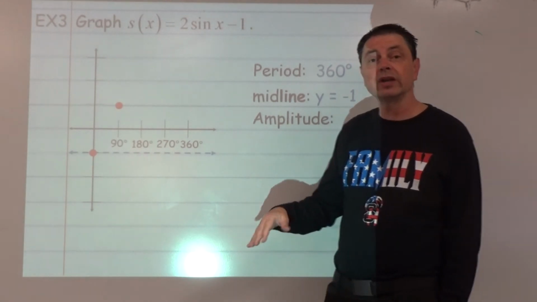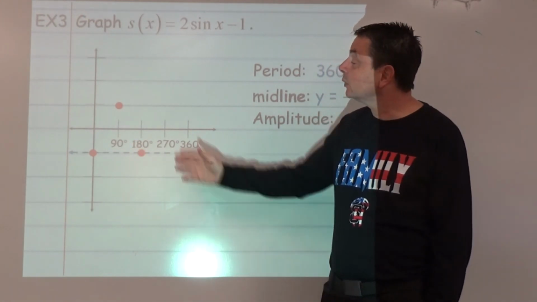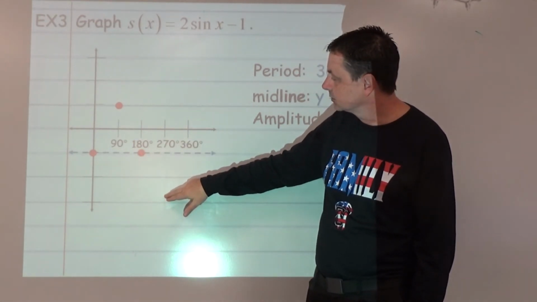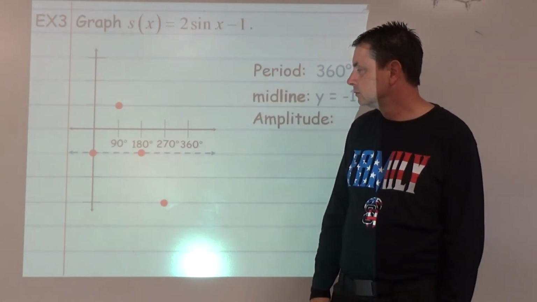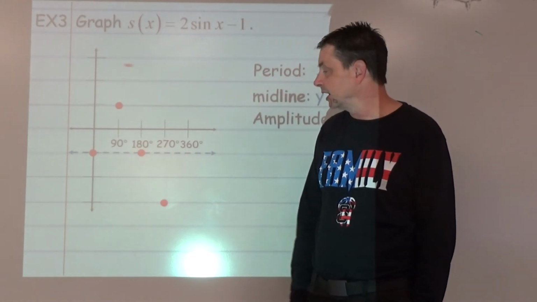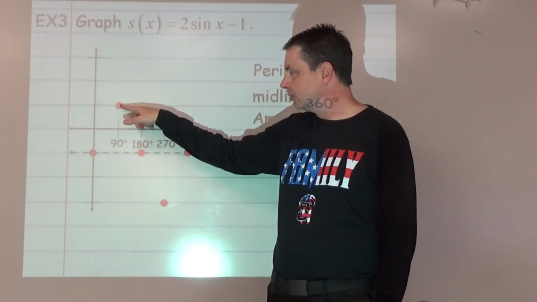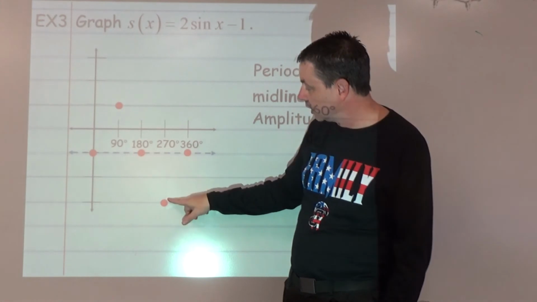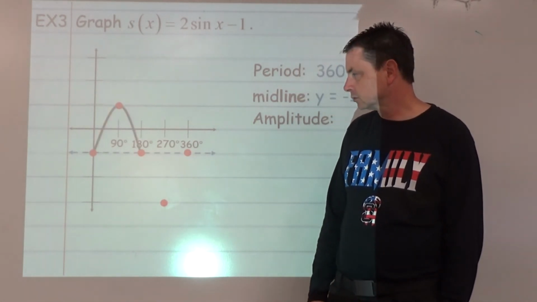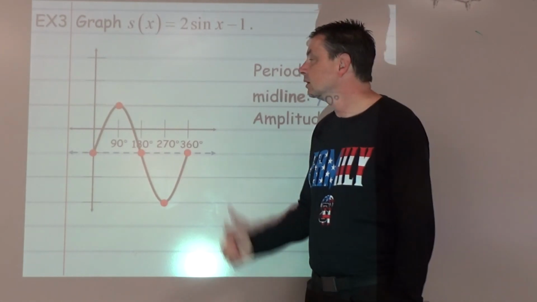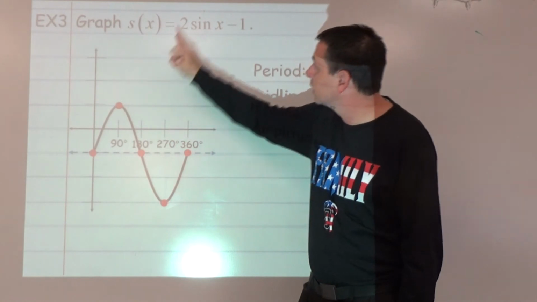And the next key point returns back to the midline. And then we go below the midline. How far below? 2 below. And then we return to the midline. So again, the pattern was on the midline, above, back to it, below, back to it. Draw the shape. What is our amplitude? The distance from midline to highest point is 2.